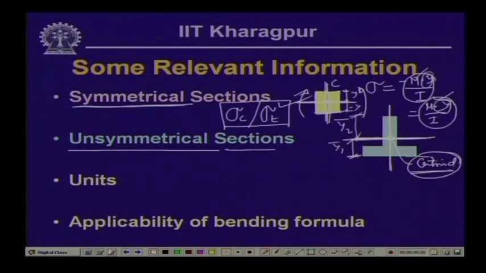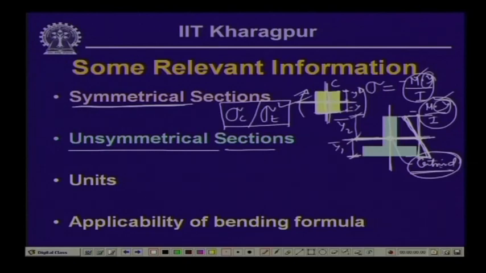Then the distribution of the strain and the stress with respect to this will be 0 at the neutral axis and some value over here and some value over here, because the distribution is a linear one. So, the distribution of the strain or the stress will be linear with respect to the 0 strain and stress along the neutral axis.